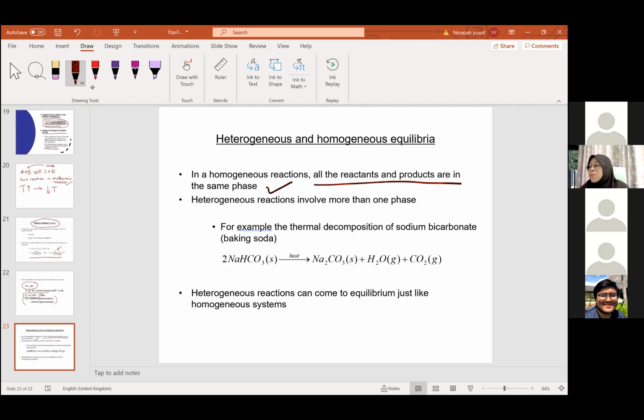But when you have heterogeneous, let's say you are reacting liquid and solid, or gases and liquid, you have a heterogeneous reaction. A heterogeneous reaction can also achieve equilibrium just like a homogeneous system. So you should understand the difference between heterogeneous and homogeneous systems.